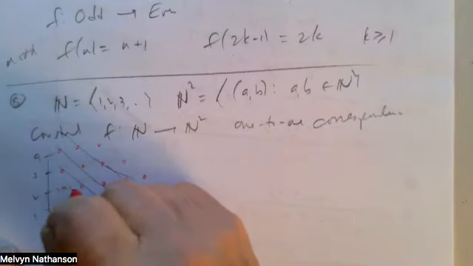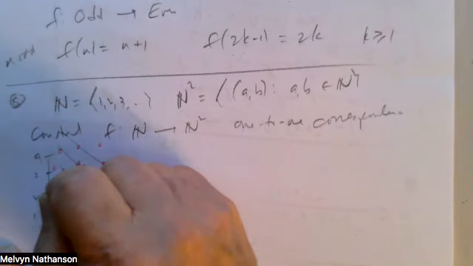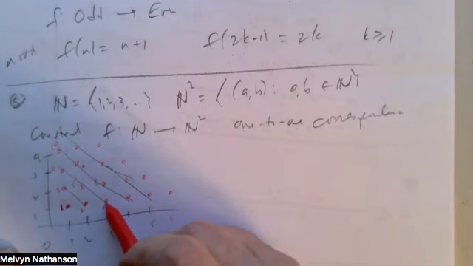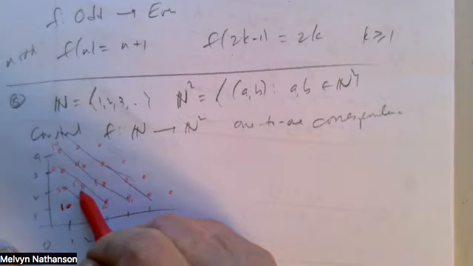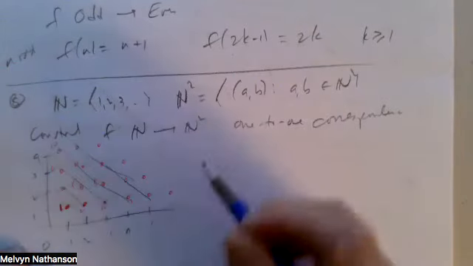Just start at the bottom and work your way up. See, this point has coordinates (3, 1), (2, 2), (1, 3).